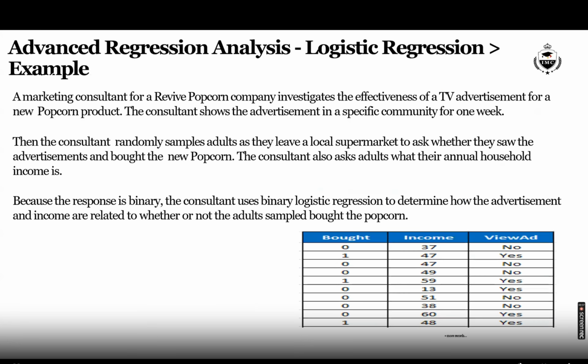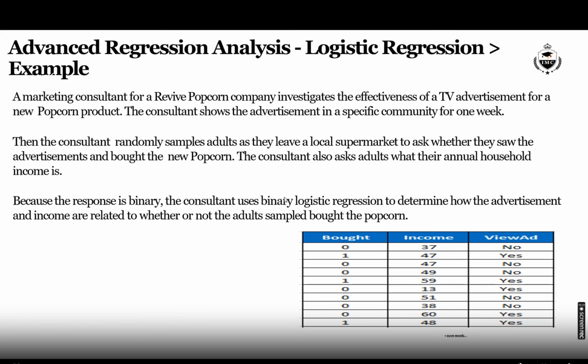One example of an advanced regression, logistic regression: a marketing consultant for a popcorn company investigates the effectiveness of a TV advertisement for a new popcorn product. The consultant shows the advertisement in a specific community for 1 week.